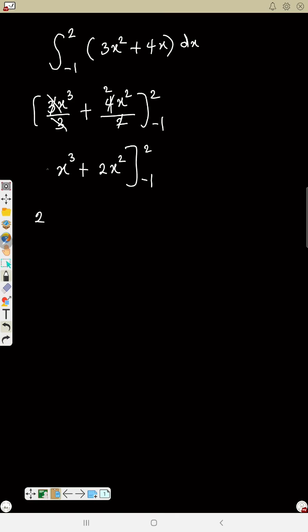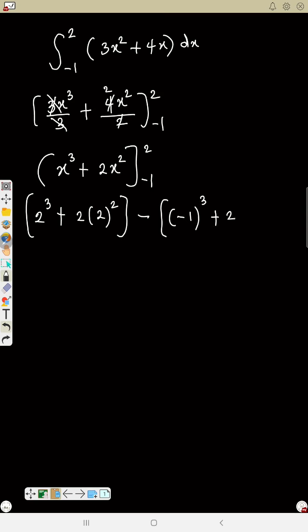That will be 2 raised to power 3 plus 2 brackets 2 raised to power 2. Then anywhere you see s, put minus 1. So remember that the sign is minus 1. That will be minus 1 raised to power 3 plus 2 brackets minus 1 raised to power 2.